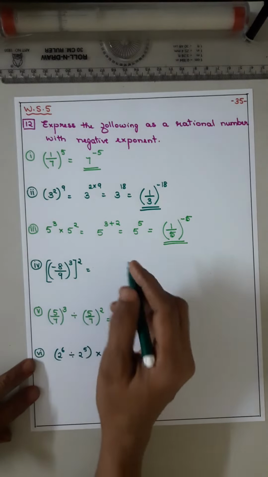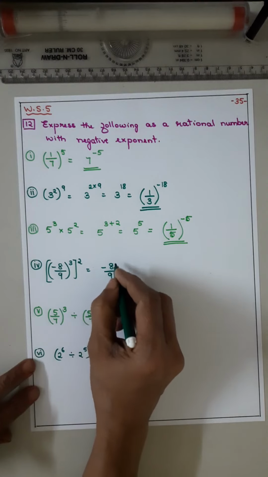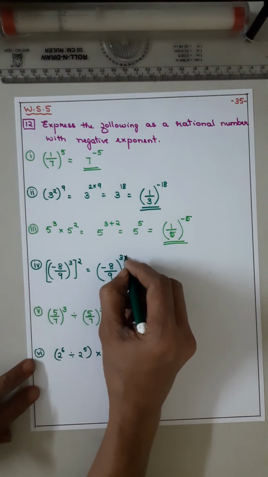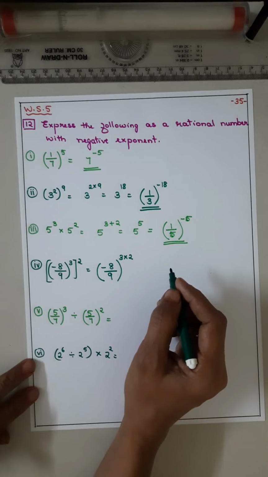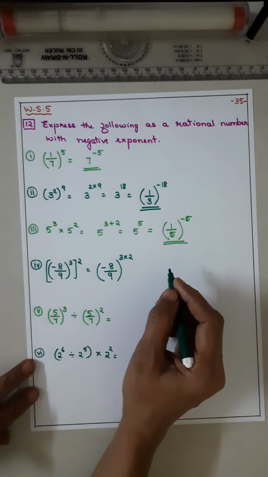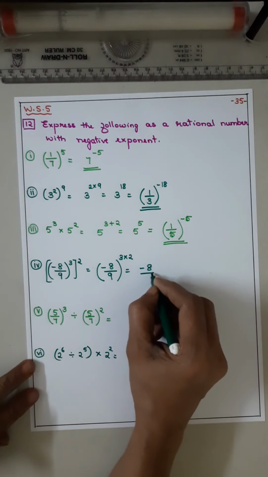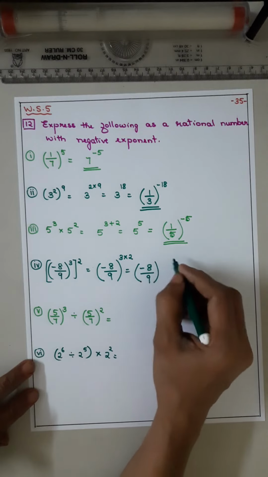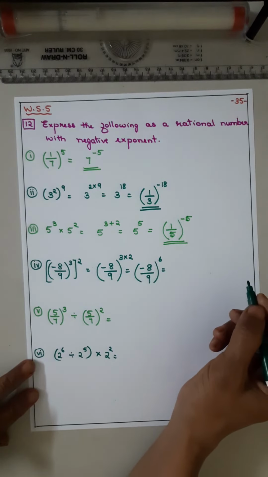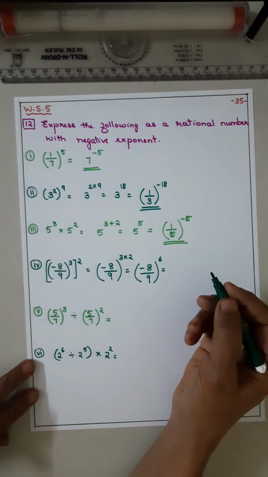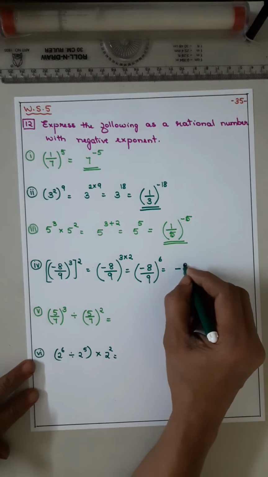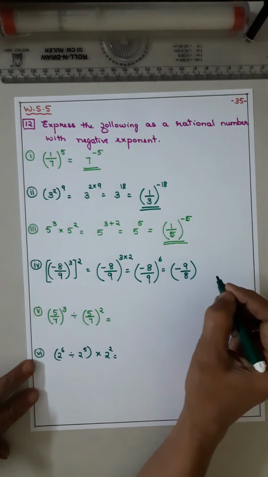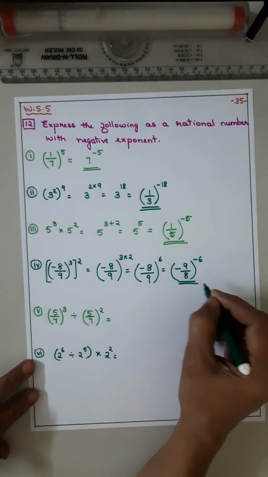Now here bracket is there, (-8/9), the whole raised to 3 into 2. हमेशा याद रखो, ब्रैकेट है तो मल्टीप्लाई करने का, बीच में मल्टीप्लिकेशन साइन है तो पावर को ऐड करने का, डिवीजन साइन है तो पावर को सब्ट्रैक्ट करने का. सो (-8/9) द होल रेज टू 3 2s are 6. अभी पावर इज पॉजिटिव, सो बेस को रेसिप्रोकल में लिखो. सो ये बनेगा -8/9 बनेगा -9/8 और पावर 6 बनेगा -6.